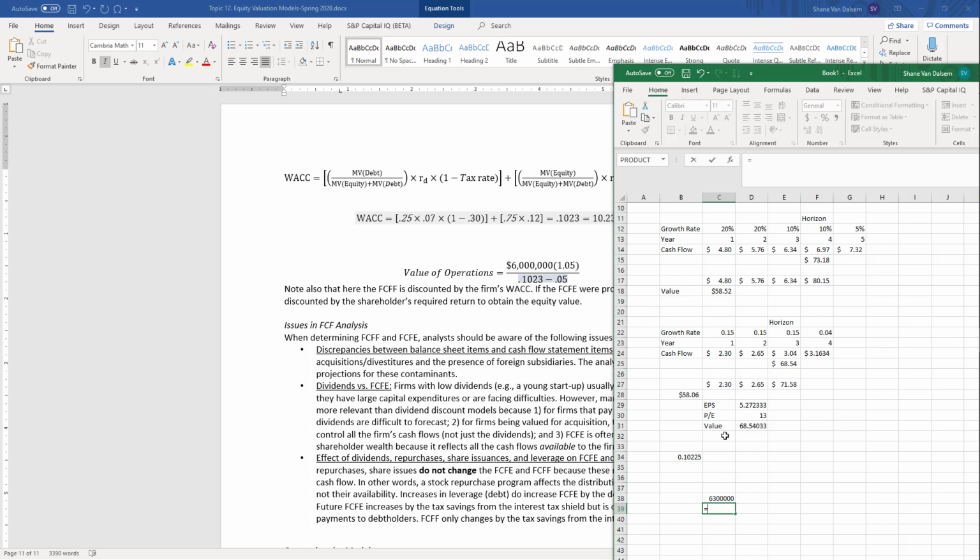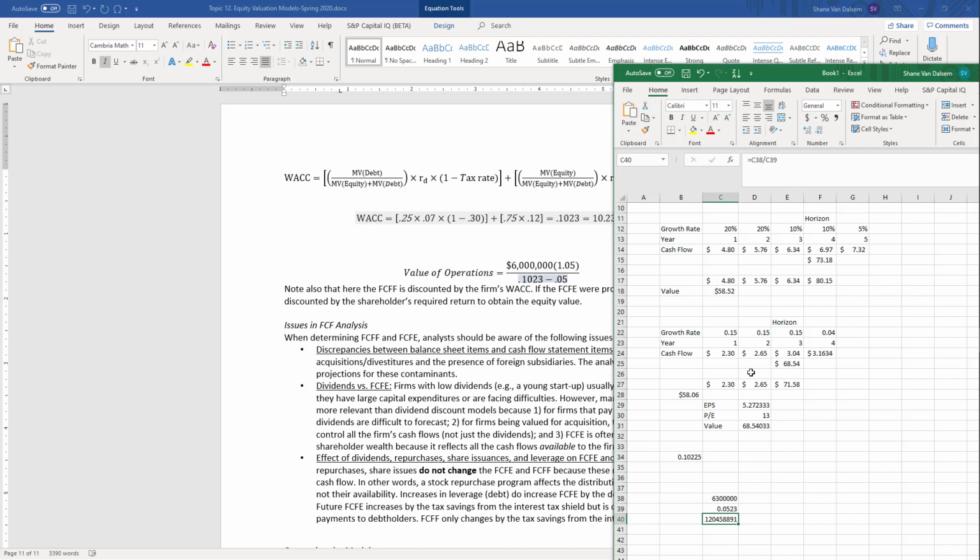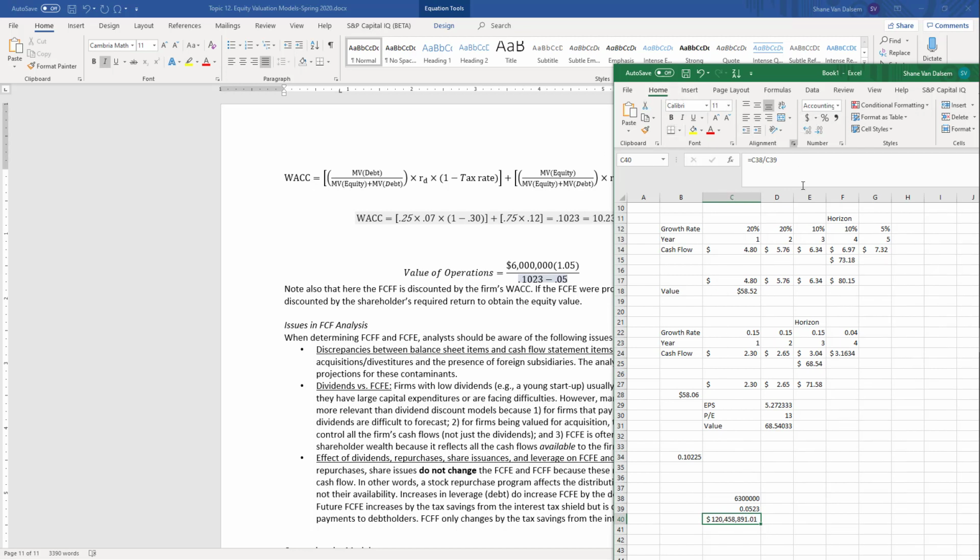Our denominator is equal to 0.0523, and so the value of operations for that firm today is estimated at $120,458,891.01.